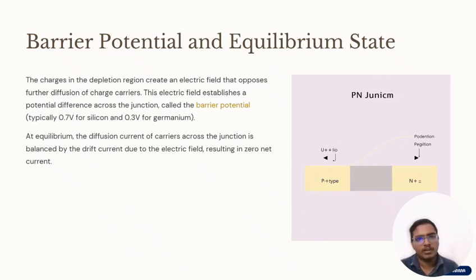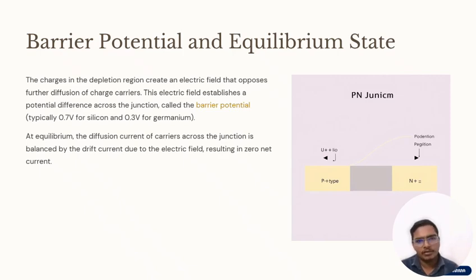Here the electric field is positive, and an EMF is induced, meaning the electric field is established, so a potential difference across the junction results. The barrier potential is typically 0.7 V for silicon and 0.3 V for germanium.